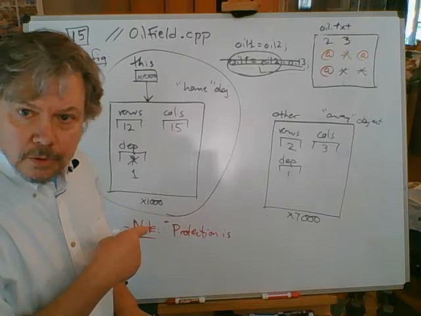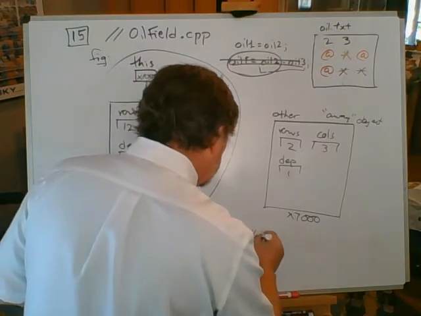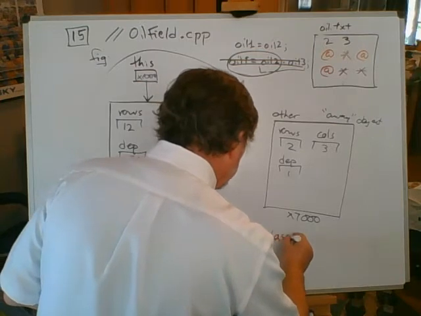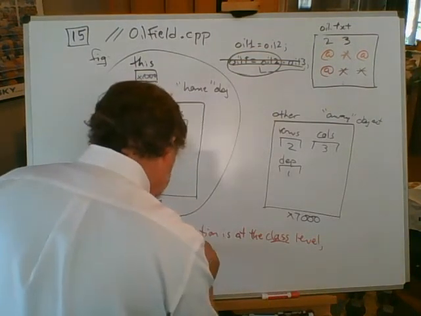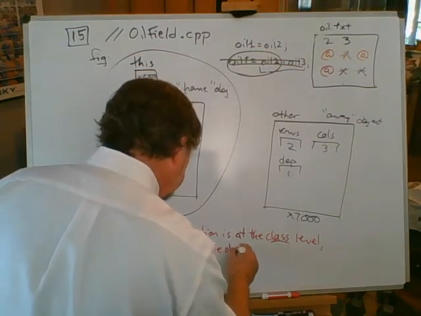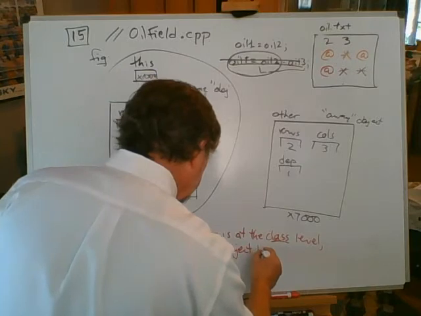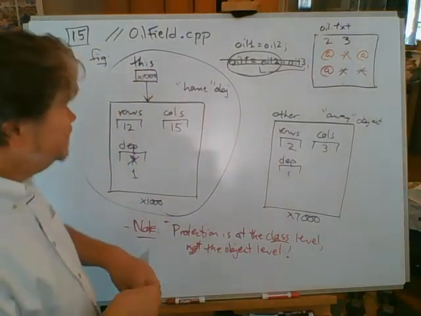That's what protection means in this context. Protection is at the class level, comma, not, double underline, the object level. And that's so surprising, I'll put an exclamation point.